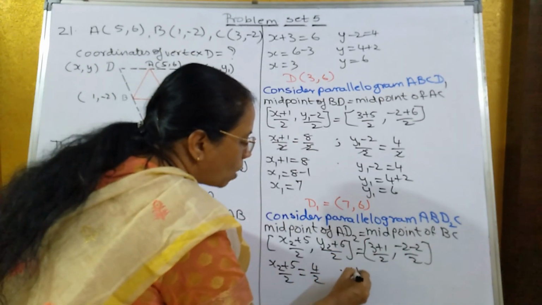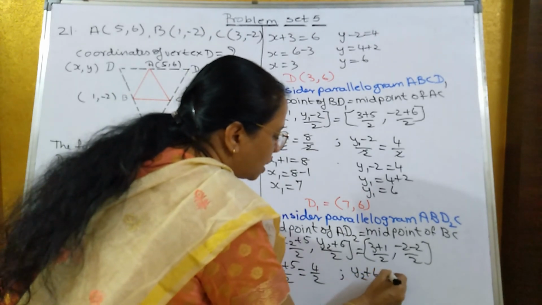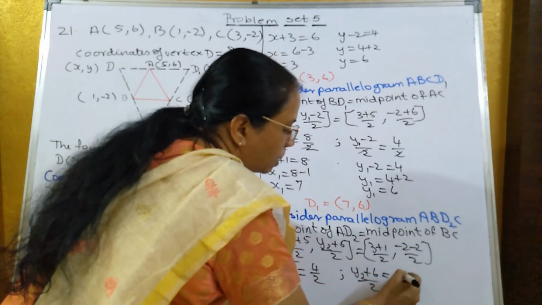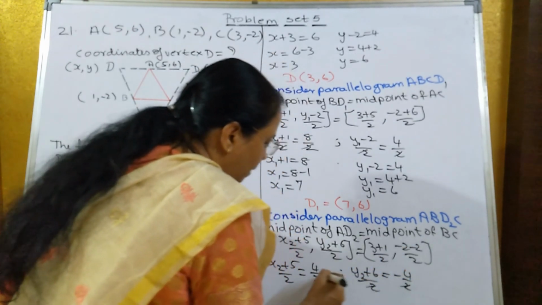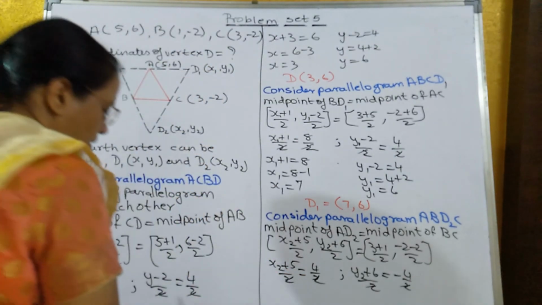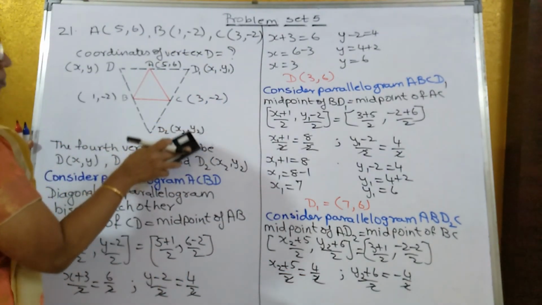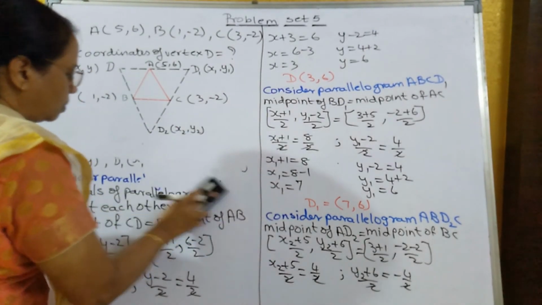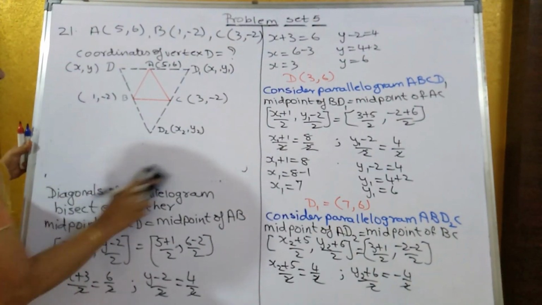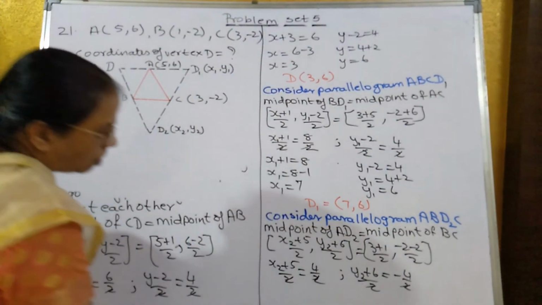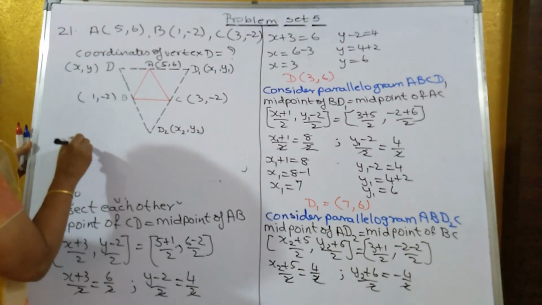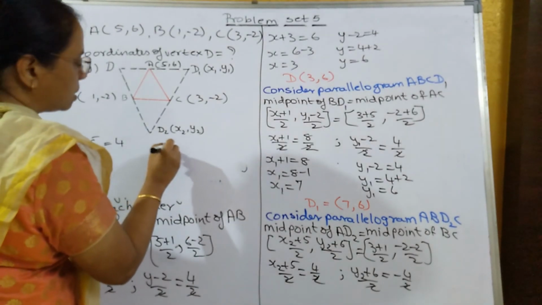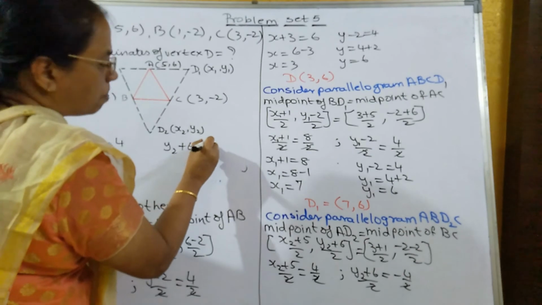And the other one, y2 plus 6 upon 2, is equal to minus 4 upon 2. 2 and 2 will get cancelled. So x2 plus 5 is equal to 4 and y2 plus 6 is equal to minus 4.